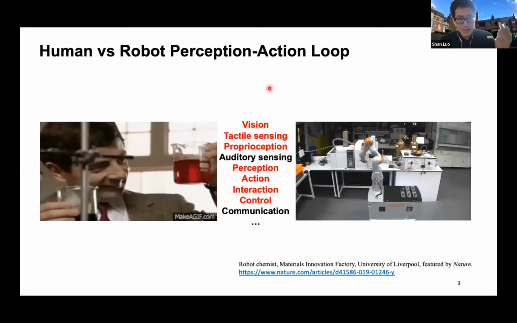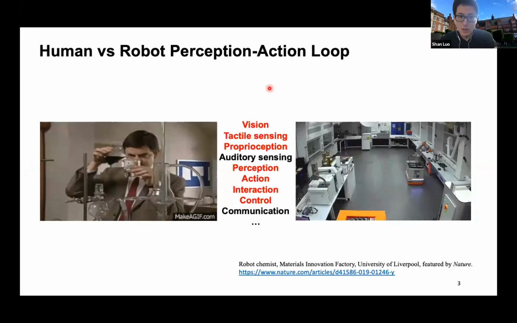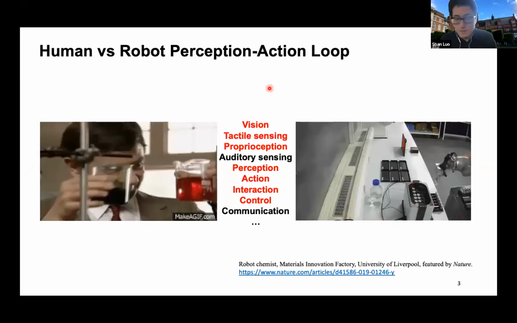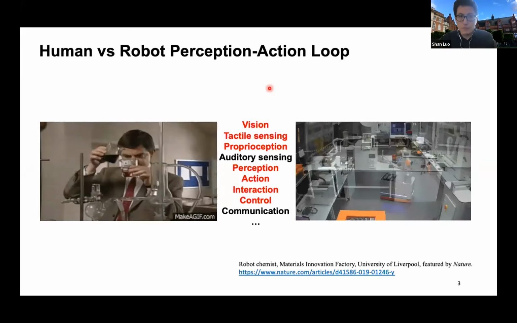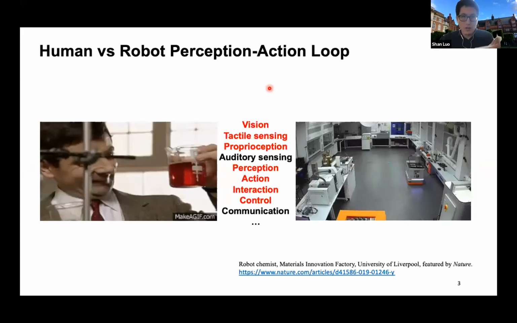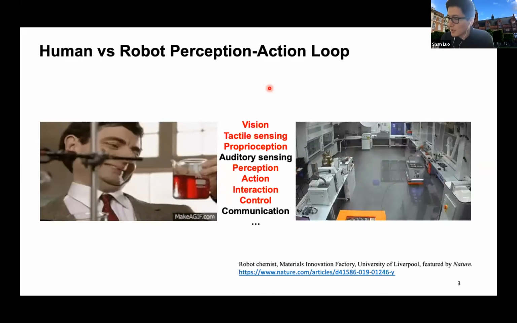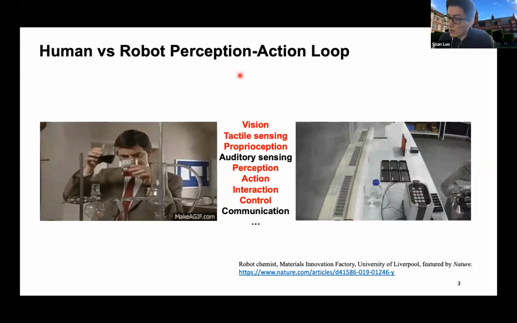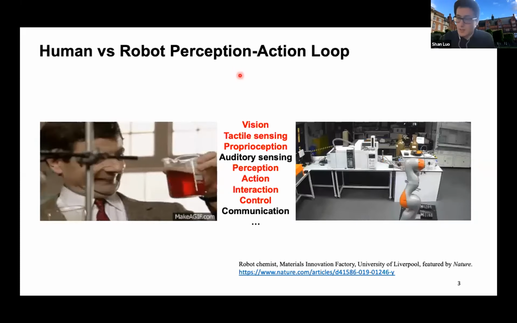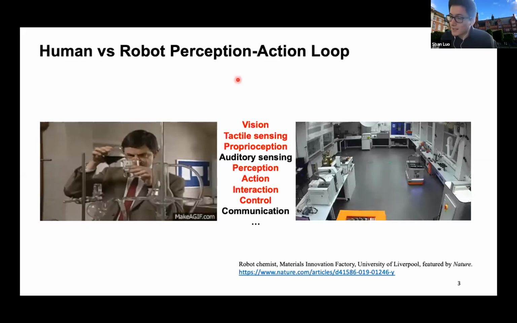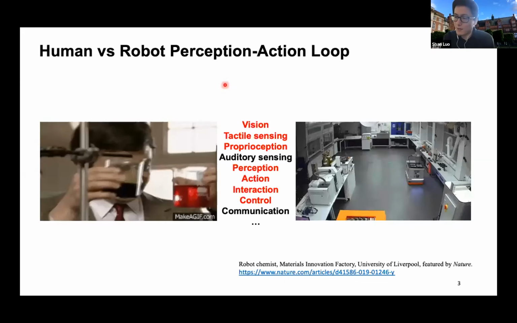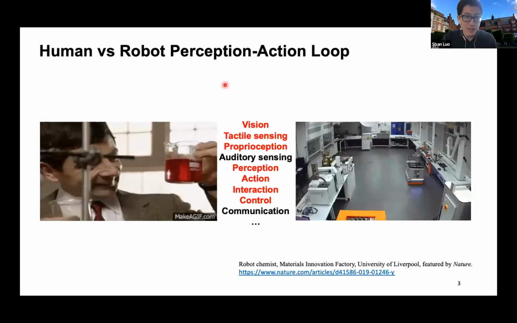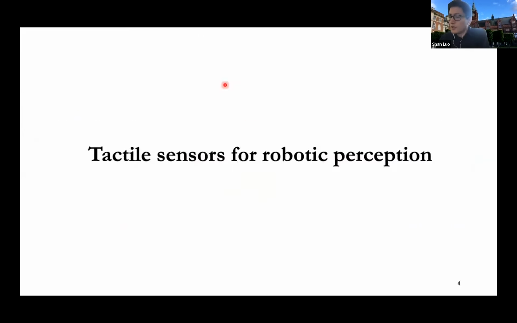And also in this process, definitely we have control, how to adjust our motions. And also we have communication with different robots or with human operators. So for today, we will focus on vision, tactile sensing, and also movements, that is proprioception, so the movement of the body parts. And also we apply them for perception, action, interaction, and control.